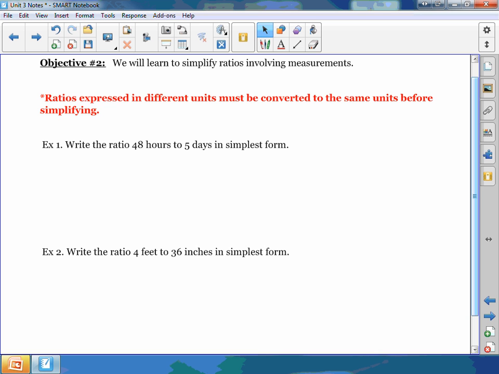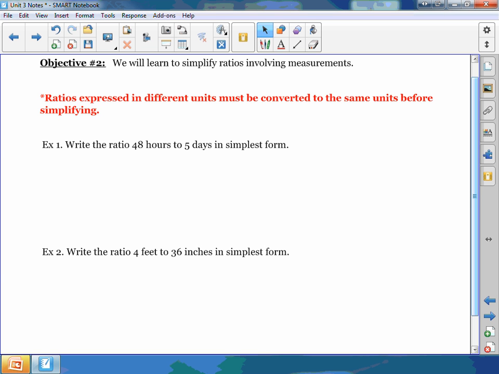All right, so here we have a different type of ratio that you're going to see. We have a different type of ratio because if you look at example 1, it says write the ratio 48 hours to 5 days in simplest form. Well, it's different because we have two numbers that are being measured in two different units. We have hours, we have days.